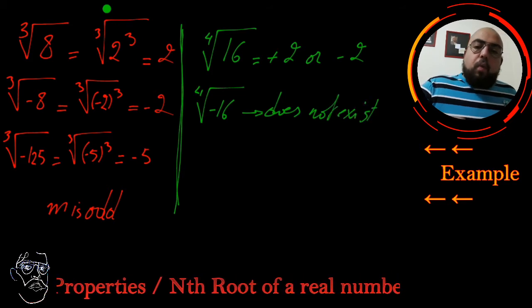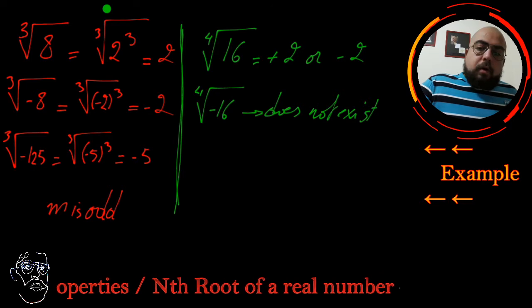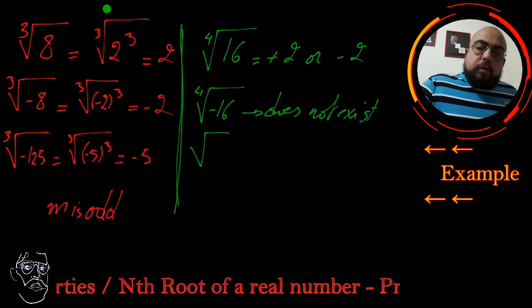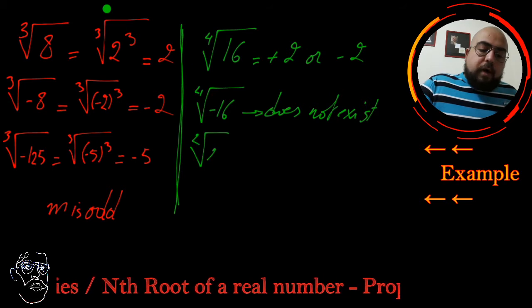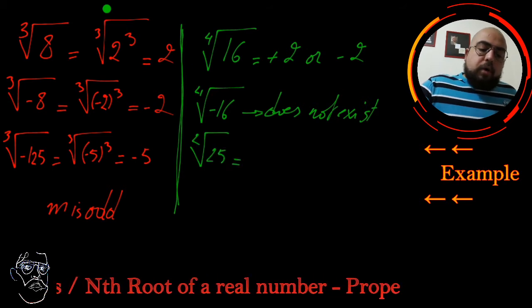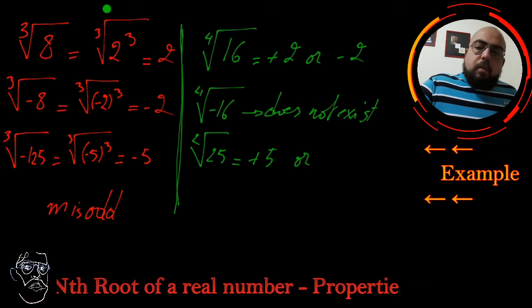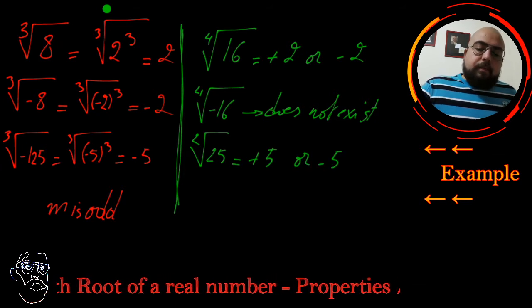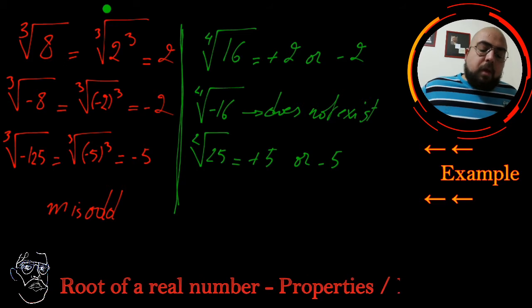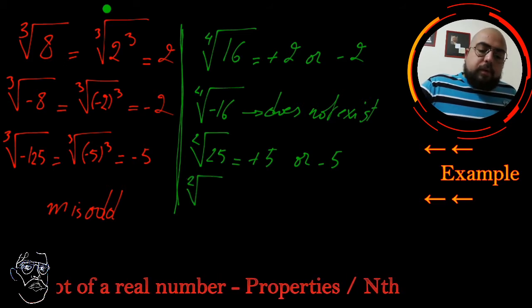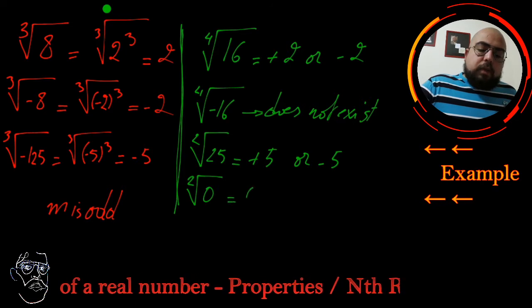Okay, what about the square root of 25? You know that it's plus 5 or minus 5. Alright? What about the square root of 0? It's 0.